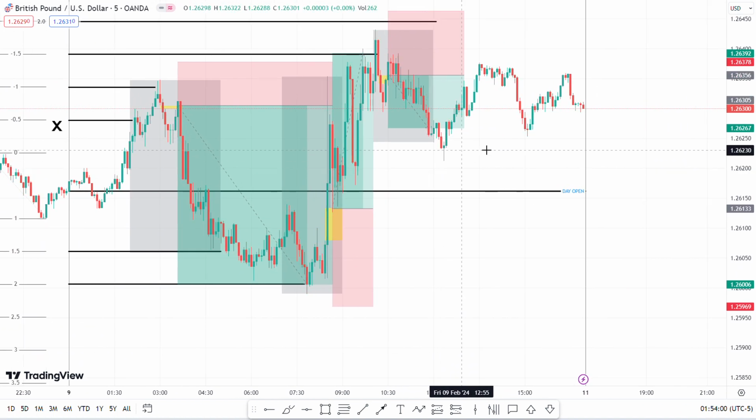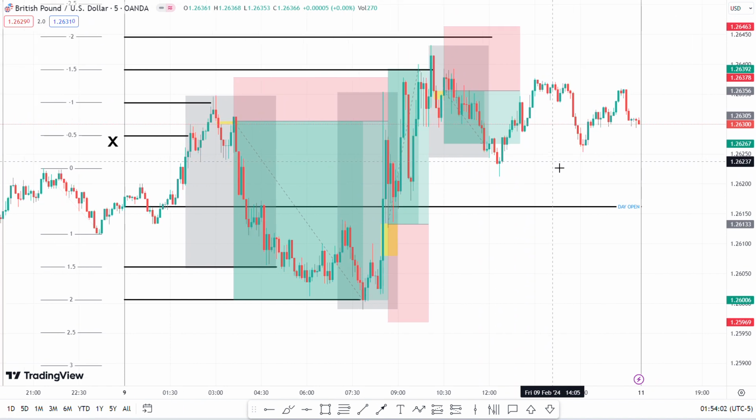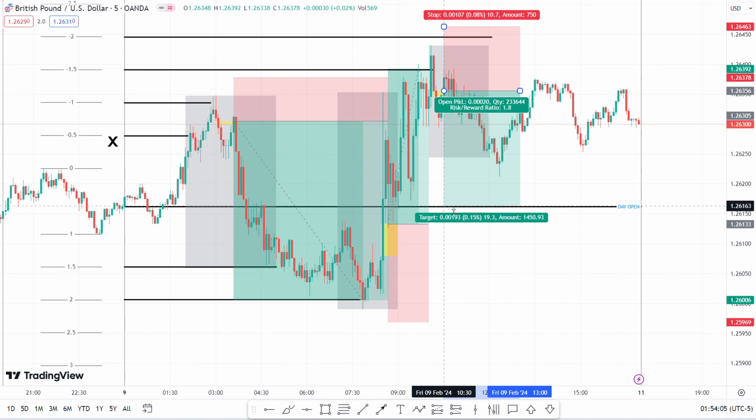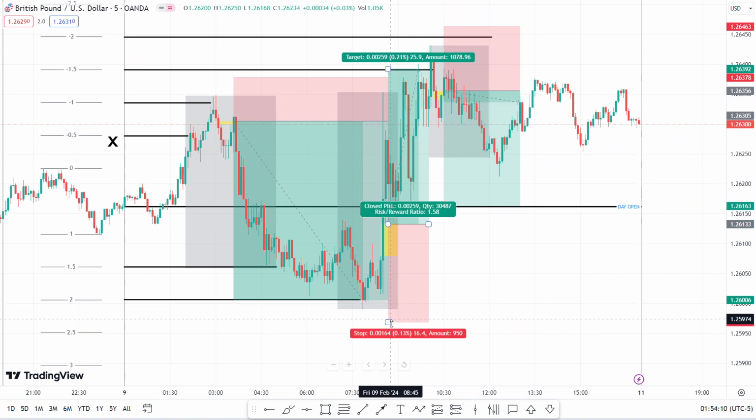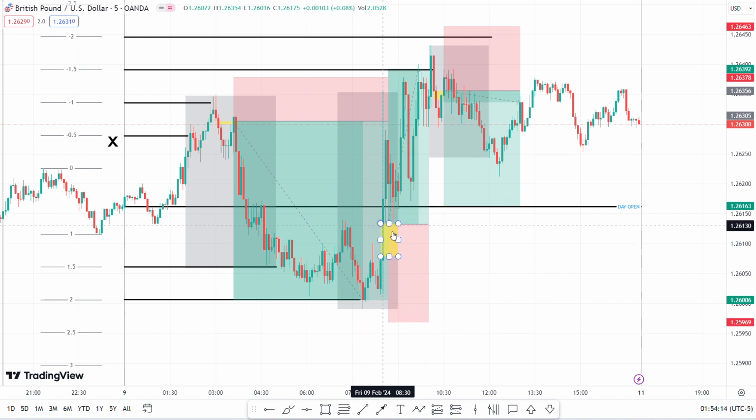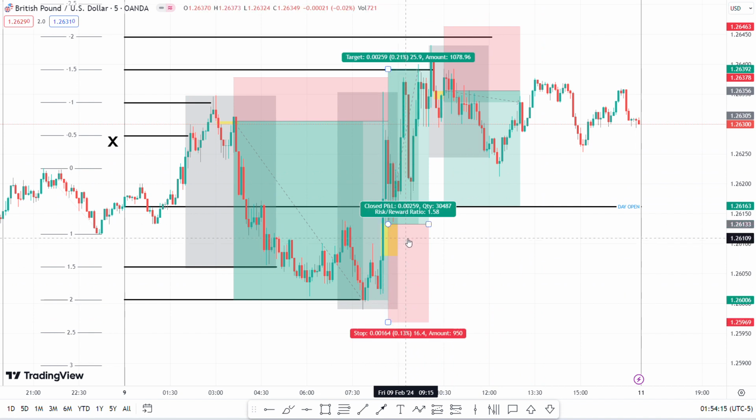And now, since it's the end of the day, you're going to be targeting day open and moving the stop back to break even. So you have a risk-free trade with 1%, 1.5%.